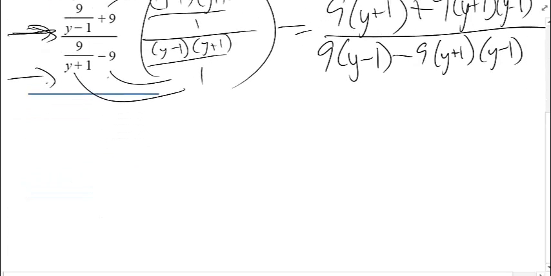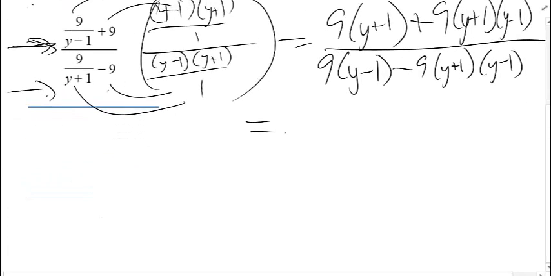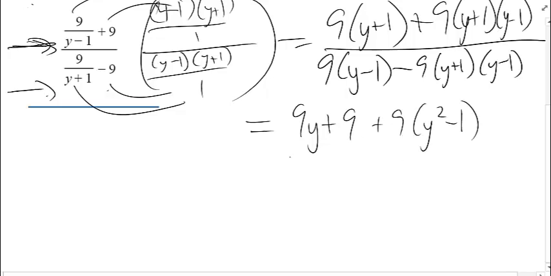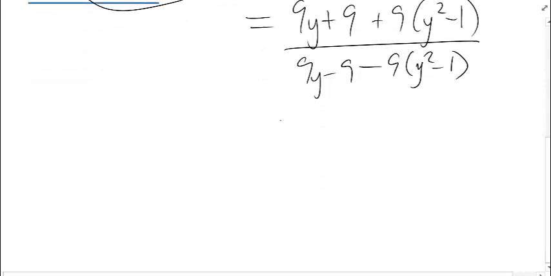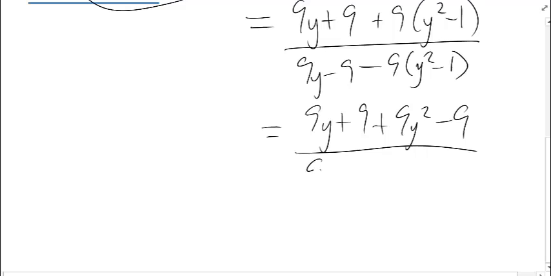Now we'll need to multiply all that out. I'm going to move it up a little. So that'll give us 9y plus 9 times y squared minus 1 over 9y minus 9 minus 9y squared minus 1. Further distributing, that'll give us 9y plus 9y squared minus 9 over 9y minus 9 minus 9y squared.